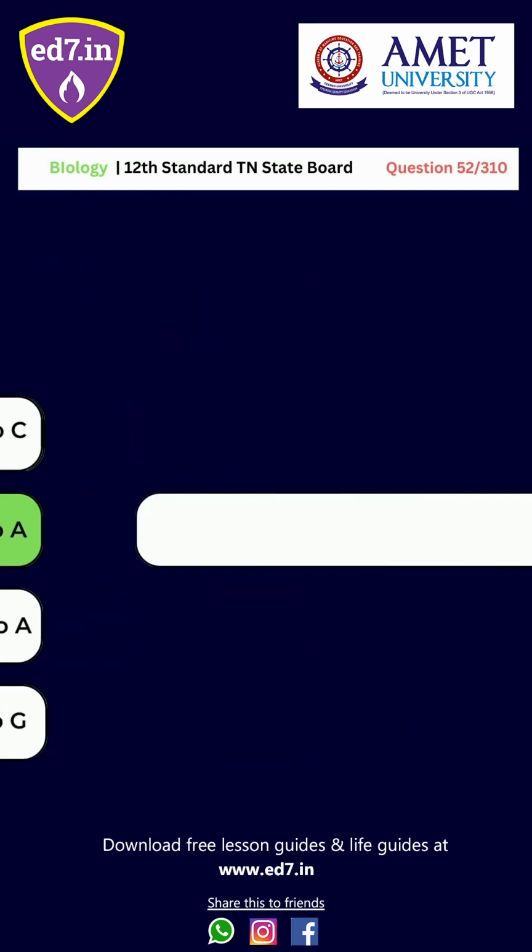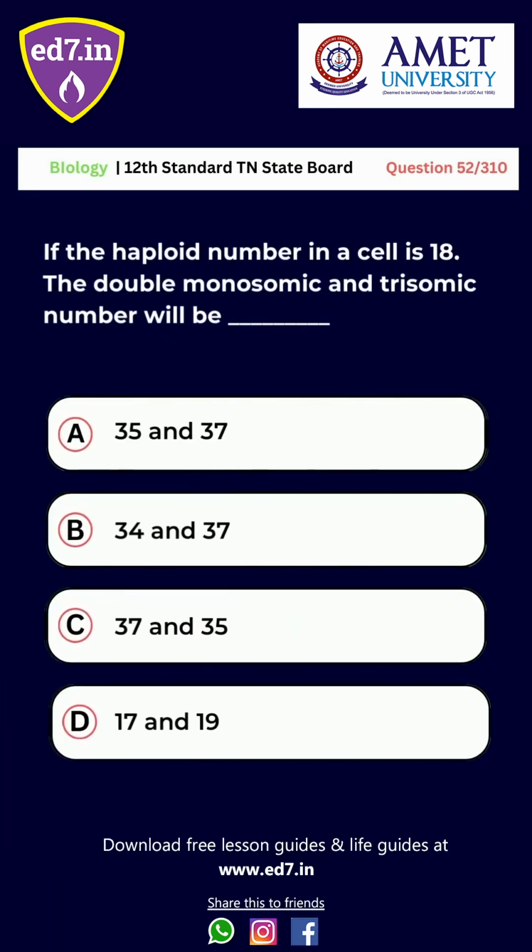Question number 52. If the haploid number in cells is 18, the double monosomic and trisomic number will be option A, 35 and 37, B, 34 and 37, C, 37 and 35, D, 17 and 19. The right answer for this question is option B, 34 and 37.